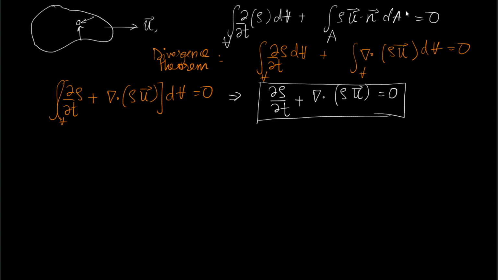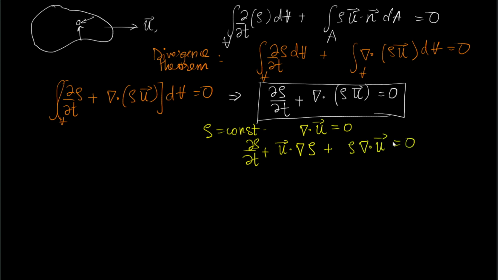We have seen the different kinds of simplifications that can happen, and the simplest one is when rho equals constant, right? It simply boils down to the divergence of velocity equal to 0. And we have also seen the situation where rho can be variable, yet we can have del rho del t plus, if we operate this divergence operator on this, u dot nabla of rho plus rho times the divergence of u equal to 0.